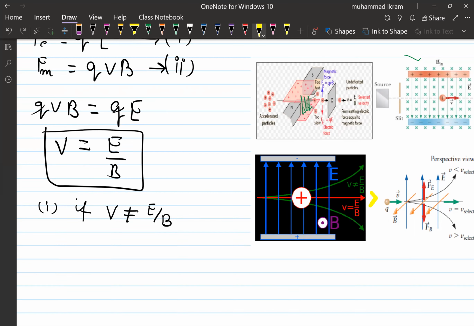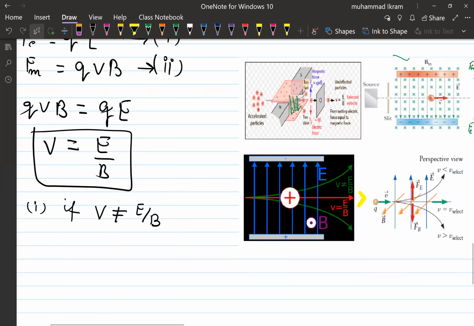If V is not equal to E by B, then V will be either less or greater.